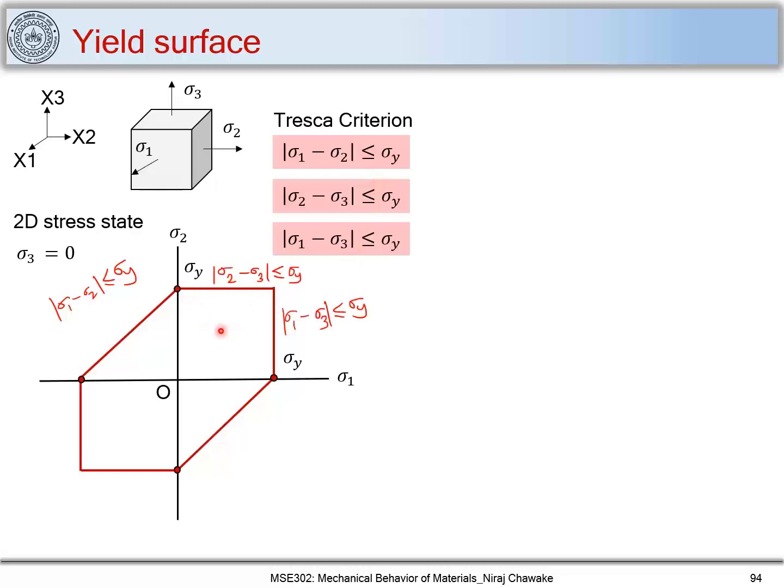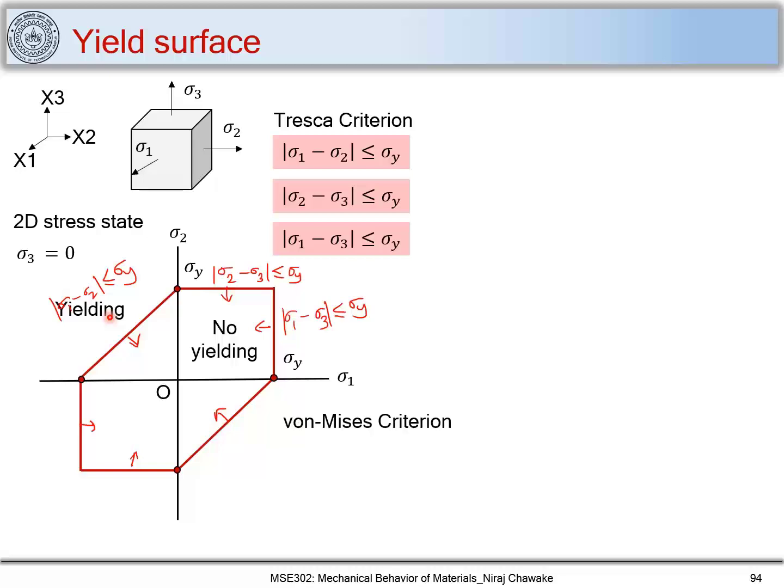According to Tresca criteria, let me write it down: when the stress state is inside these boundaries, this hexagon, then the material will not cause any yielding. So here you don't have any yielding. And as soon as the stress state crosses these boundaries, the material will yield.